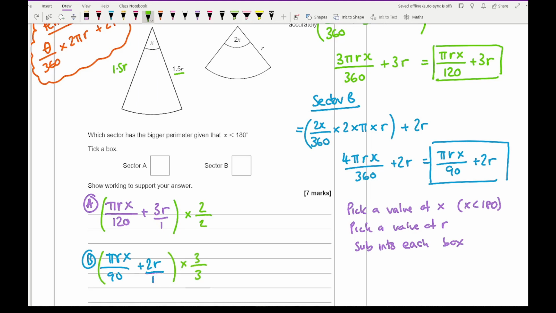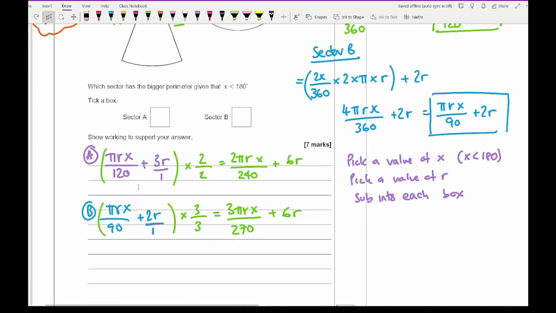All I'm going to do is change the numbers and find an equivalent fraction. Then this becomes 2 pi rx over 240 plus 6r, and this is going to become 3 pi rx over 3 times 90, which is 270, plus 6r.